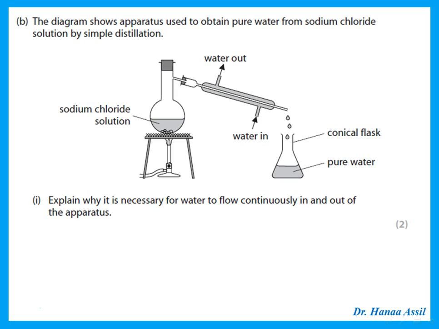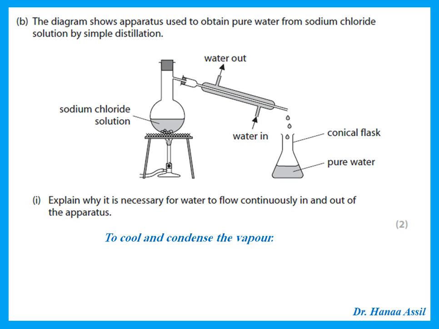Now, explain why it is necessary for water to flow continuously in and out of the apparatus. Remember that apparatus in the middle is called a condenser. I need water to go in from the bottom, come out from the top in order to do what? To cool and condense the vapor.